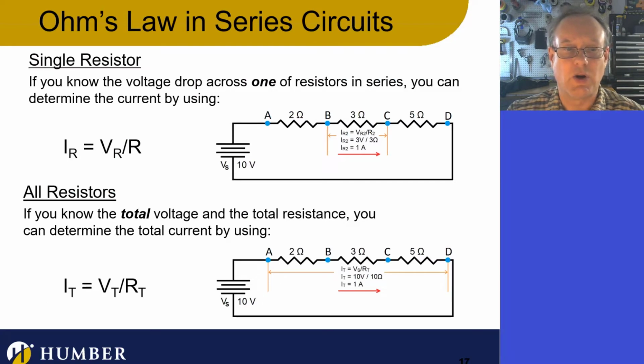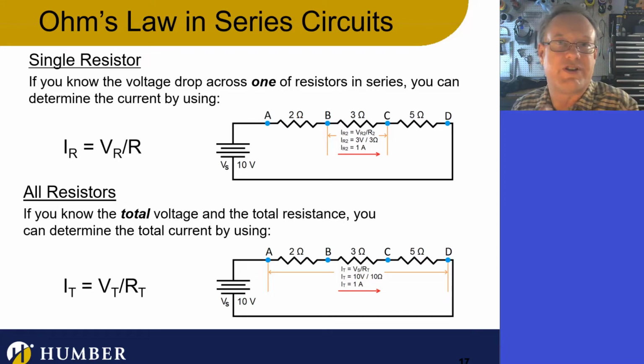Okay, there you go. So in a single resistor and in all resistors, we can see this formula here: IR is VR over R, which is just the general form of anything. We can see that with one of the resistors in a series, you can determine the current using just that one.